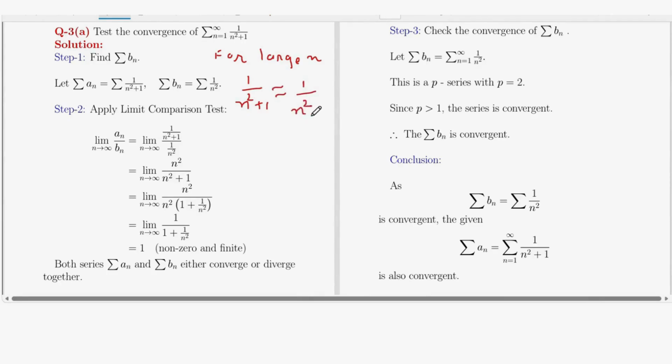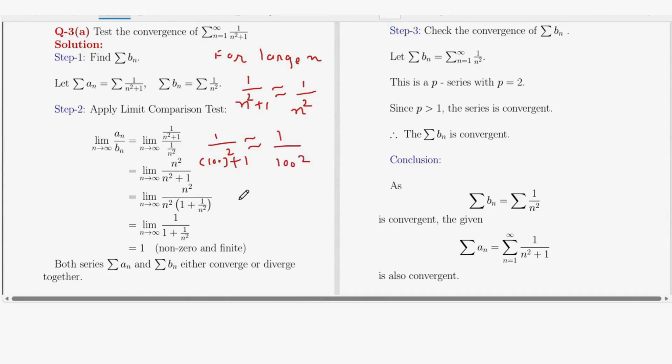Can we see or not? For example, suppose I have 1 upon 100 square. My n is 100. So 1 upon 100 square plus 1 is approximately 1 upon 100 square.